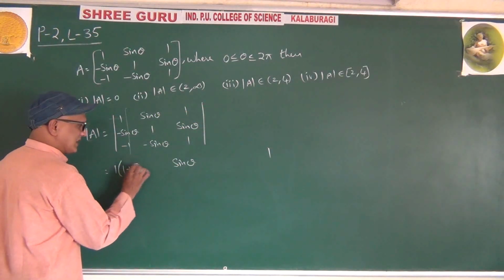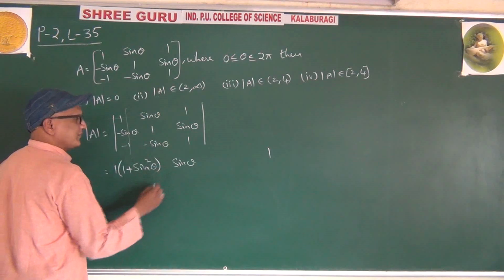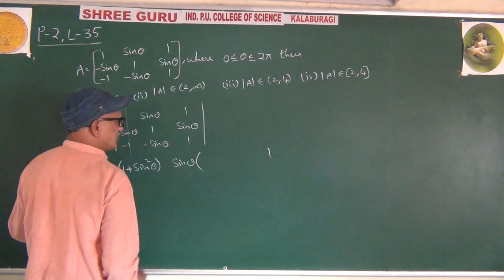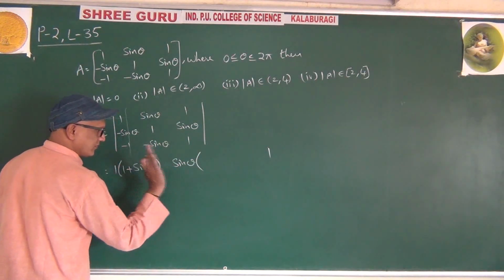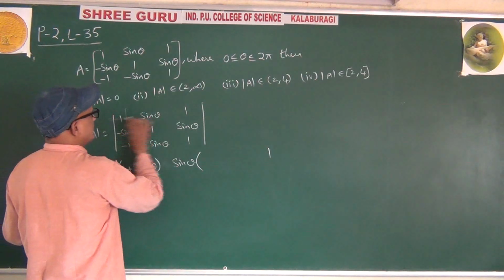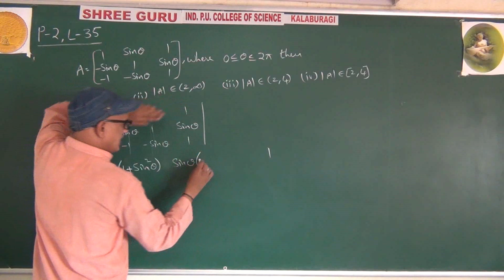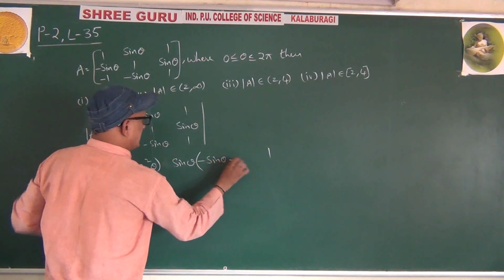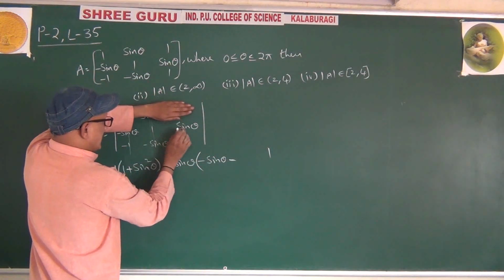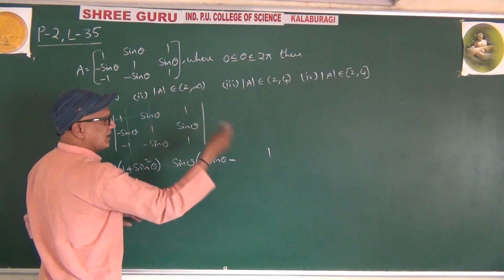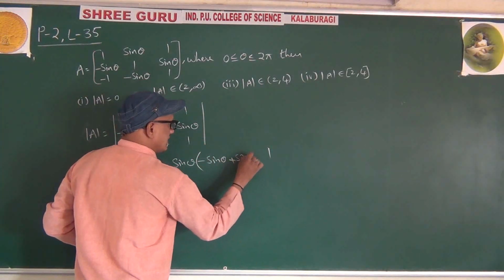Already minus is there, plus sin theta into first row second column: minus sin theta into 1, minus sin theta into minus 1, minus sin theta, it becomes plus sin theta.